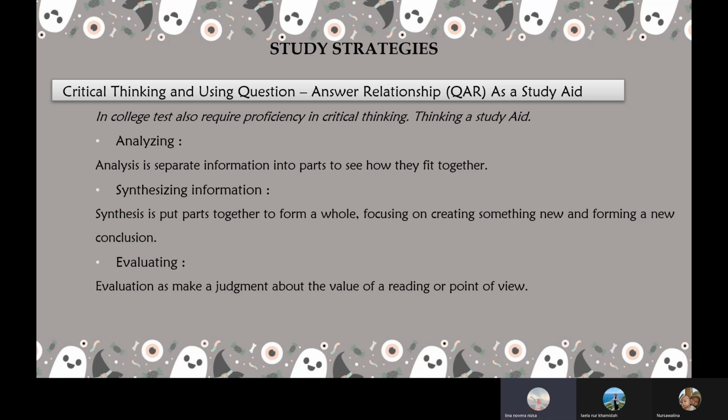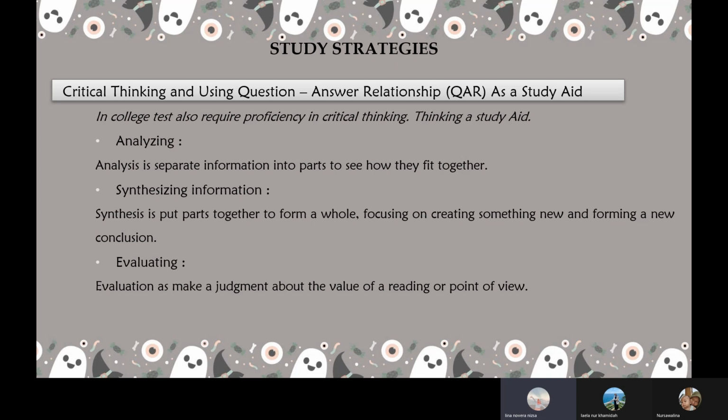We are moving to study strategies, critical thinking and using question-answer relationship, QAR, as a study aid. College tests also require proficiency in critical thinking as a study aid. The first is analyzing. Analysis is separating information into parts to see how they fit together.